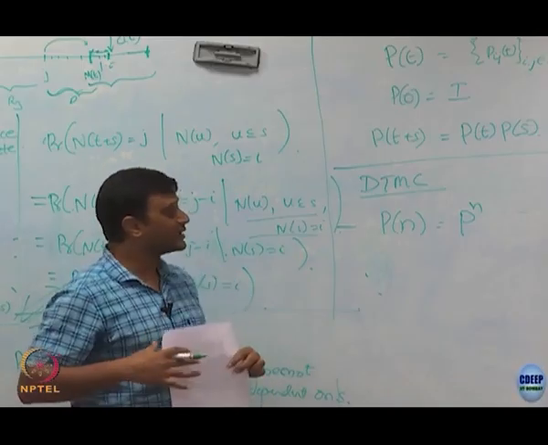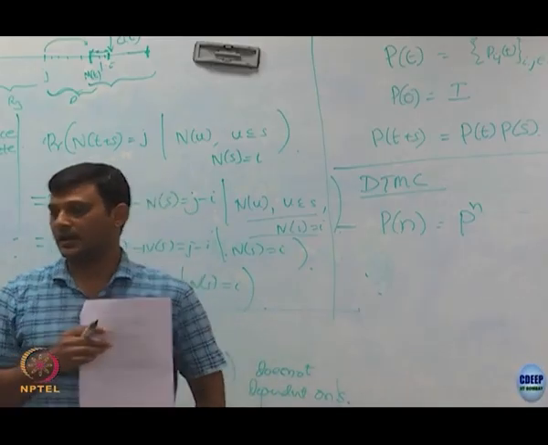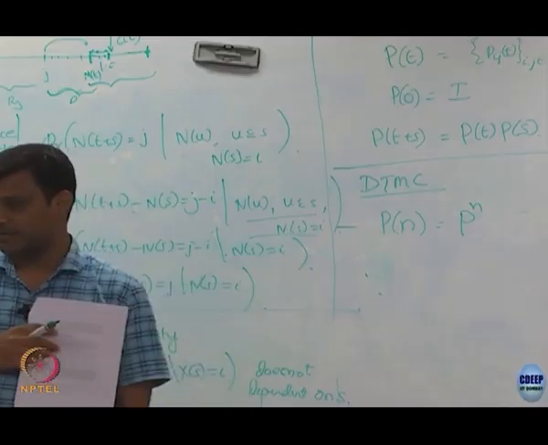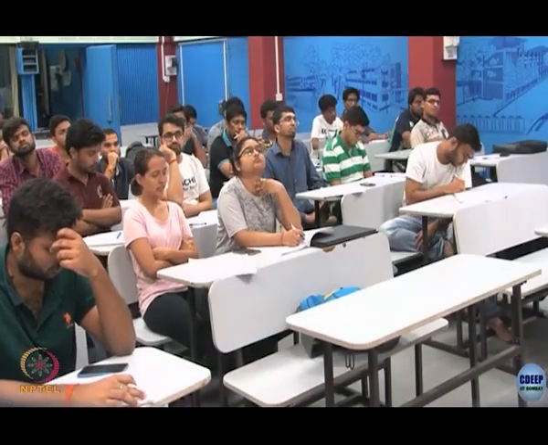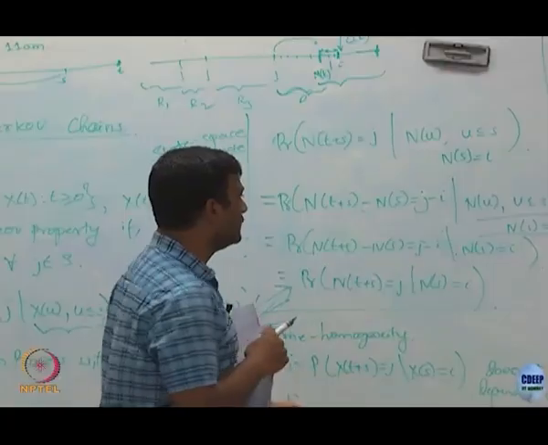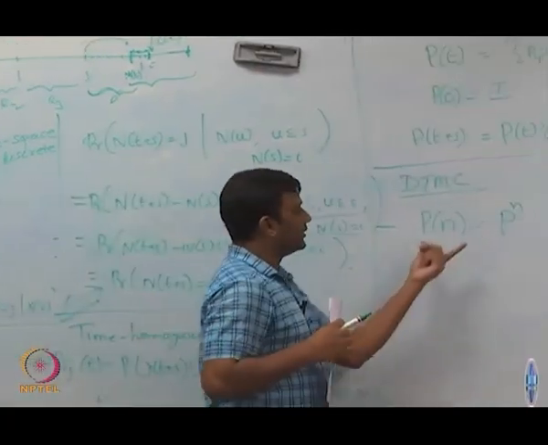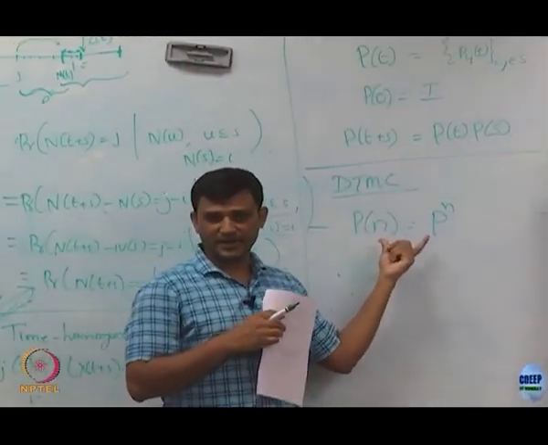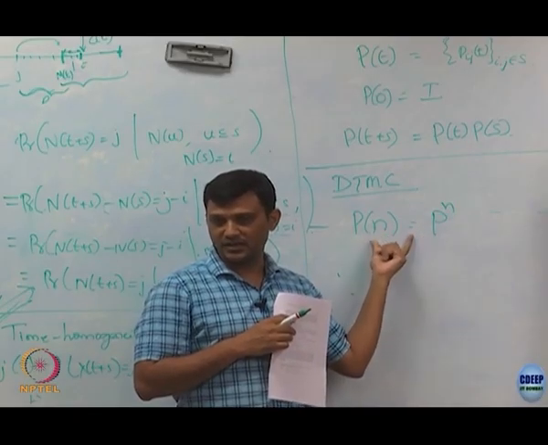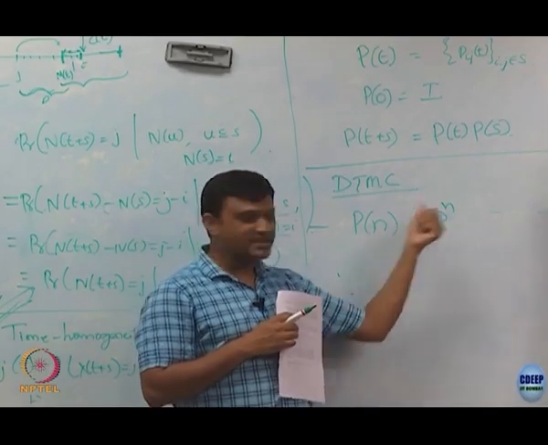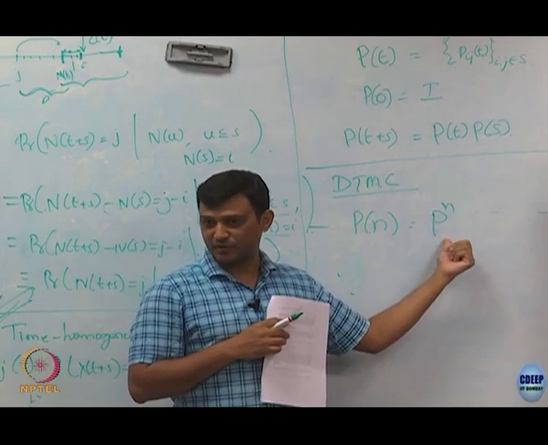So it does not make sense to represent my transition probability matrix in terms of a one-step transition probability matrix. Earlier in a time homogeneous DTMC, it made sense to give my n-step transition probability in terms of the one-step transition probability.